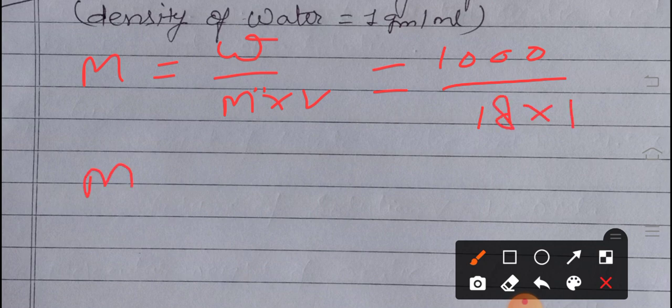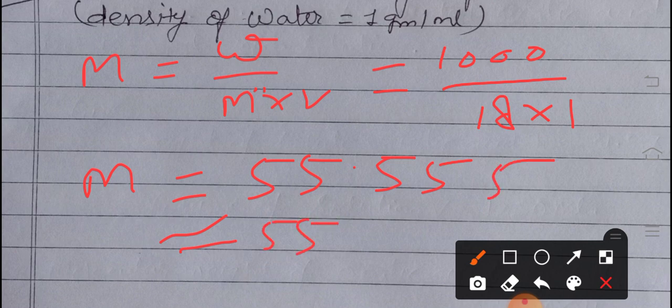Now we find the answer, 55.55, or we can say 55.56. It is the correct answer. The molarity of pure water, if the density is 1 gram per liter, is always 55.55 or 55.56. Is that clear?